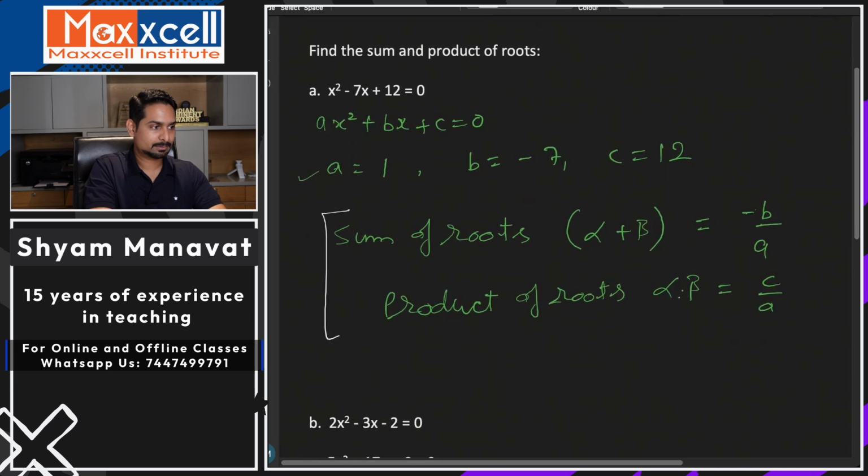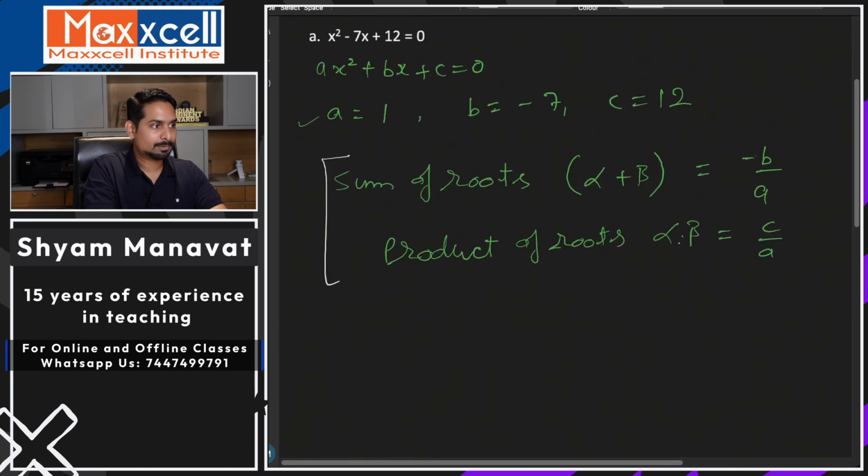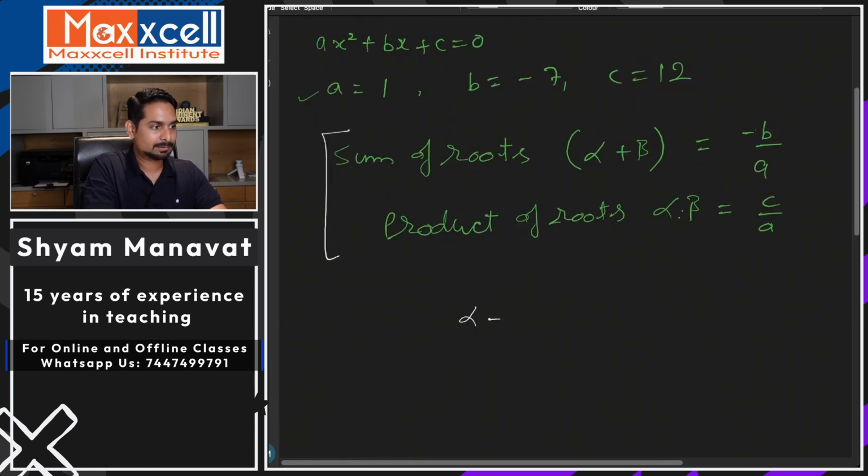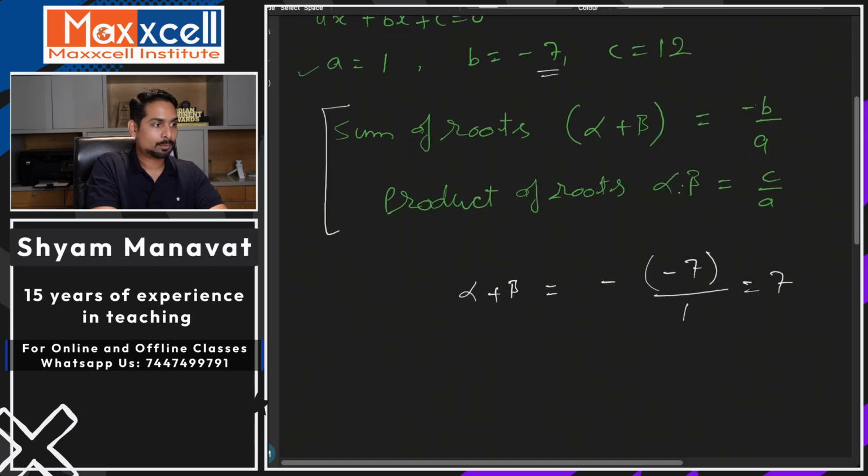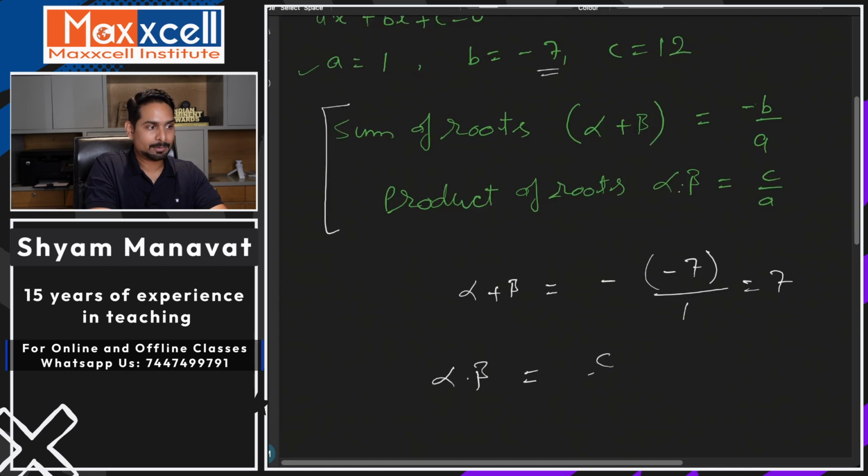So it's simple here. You got a, b, c. Now tell me, what will be the sum of roots here? Minus b upon a, alpha plus beta, right? That is minus of b, which is again minus, so minus of minus 7, upon a, which is 1 in this case. So alpha plus beta will be equal to 7. What is the product of roots? Alpha into beta, that is c upon a.